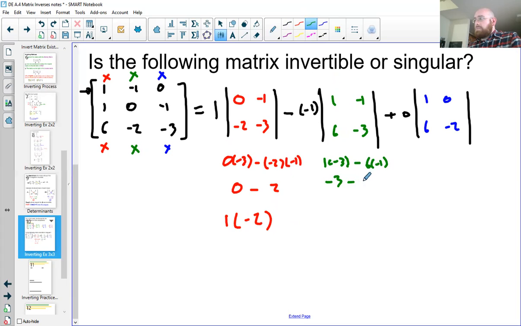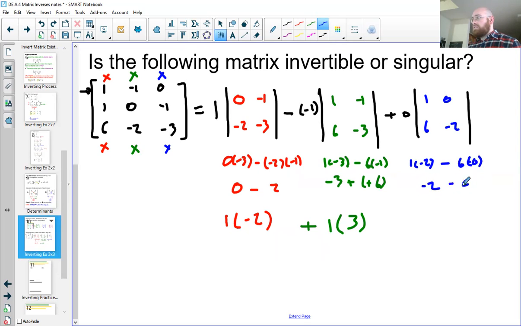So that's -3 minus -6, which turns into an addition. So we have -3 plus 6, which would be +3. And out front we have minus -1, so I'm just going to say it's plus 1 times 3. Lastly, we have 1 times -2 minus 6 times 0, so we have -2 minus 0, or -2. And all of this is times 0.